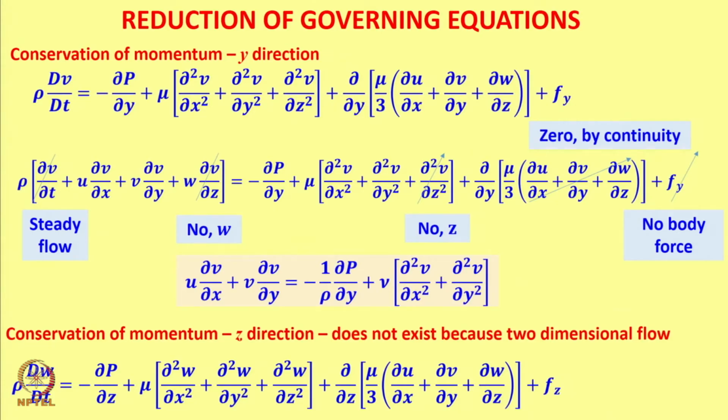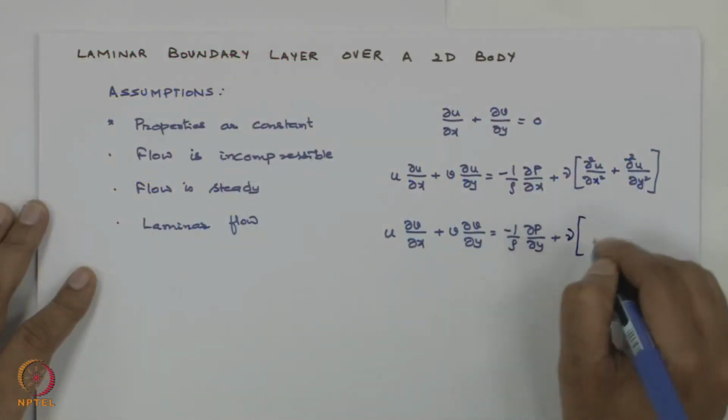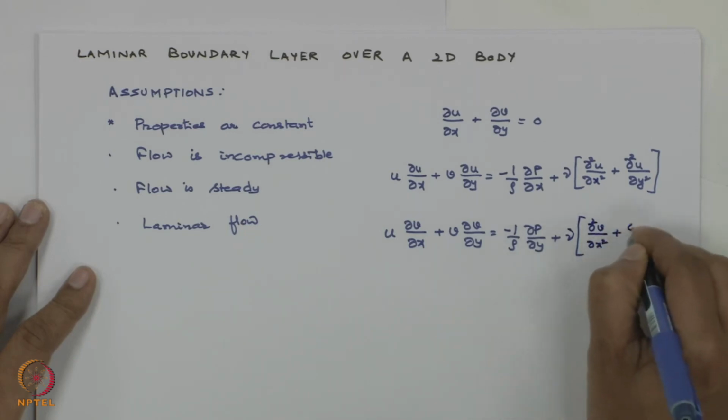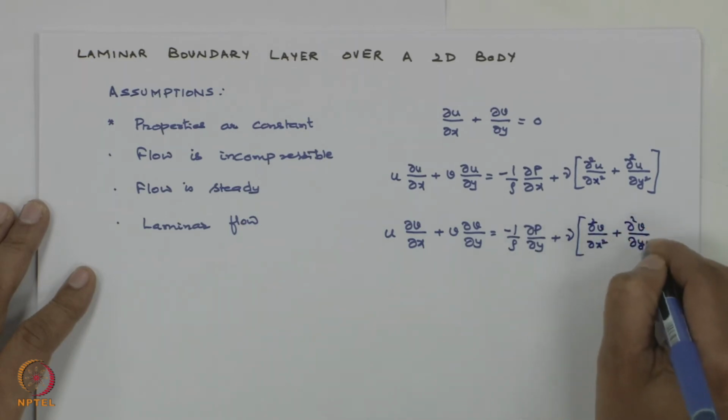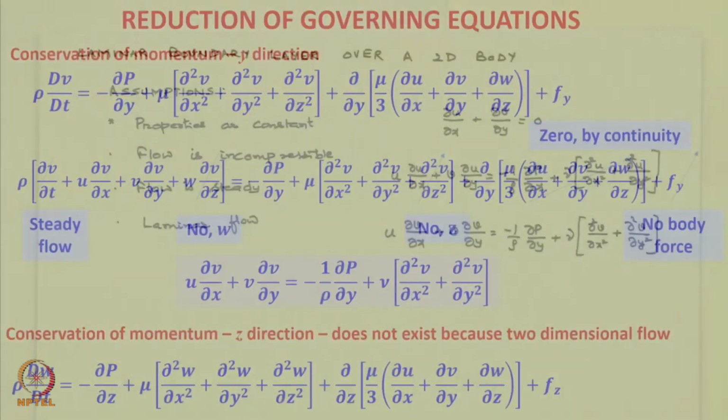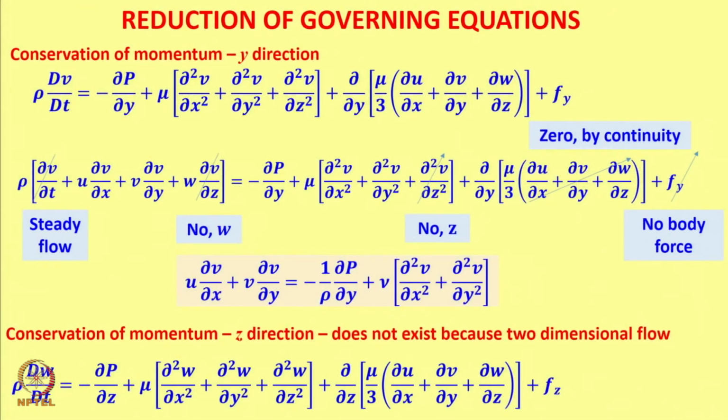So, you have plus nu times del squared V by del x squared plus del squared V by del y squared. Now, back to slides, conservation of momentum in the z direction: W itself does not exist.